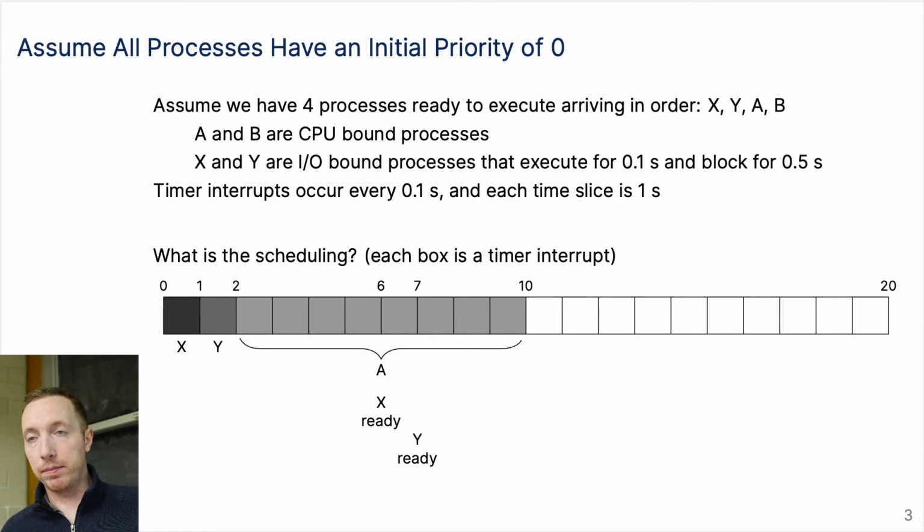A process will start executing and try to execute until the end of the time slice, unless it blocks or something of higher priority is now runnable.